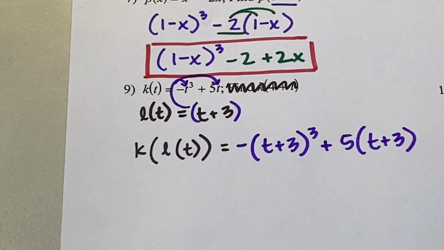So we literally just took that second function and plugged it into our first function, because that's what it told us to do. Take L of t, plug it into k of t.